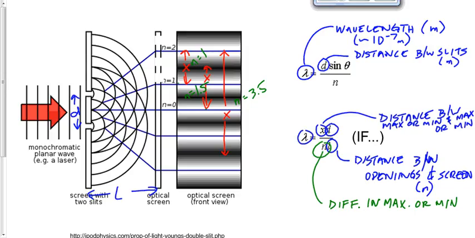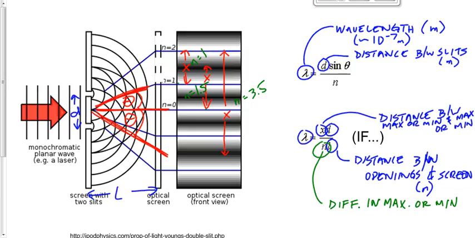Finally, there's one more variable here, and that variable is theta. Theta is an angle that's always measured from the central maximum to some other maximum. This could be theta, from the central maximum to some other max or some other minimum. Okay, that could be theta, that could be theta.